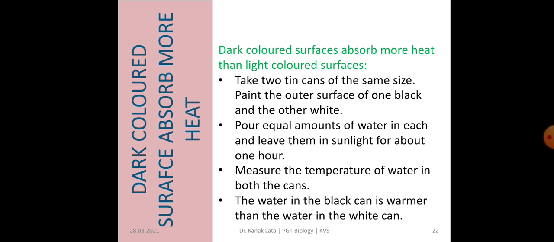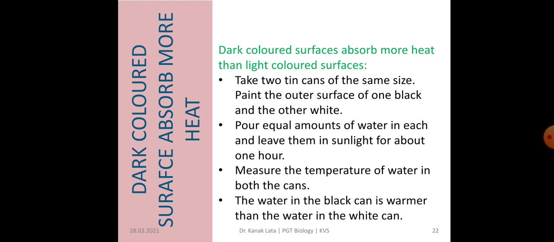Now the next topic is why dark colored surfaces absorb more heat than light colored surfaces. For this you can do one activity. Take two tin cans of the same size and paint the outer surface of one can black, and the other white.